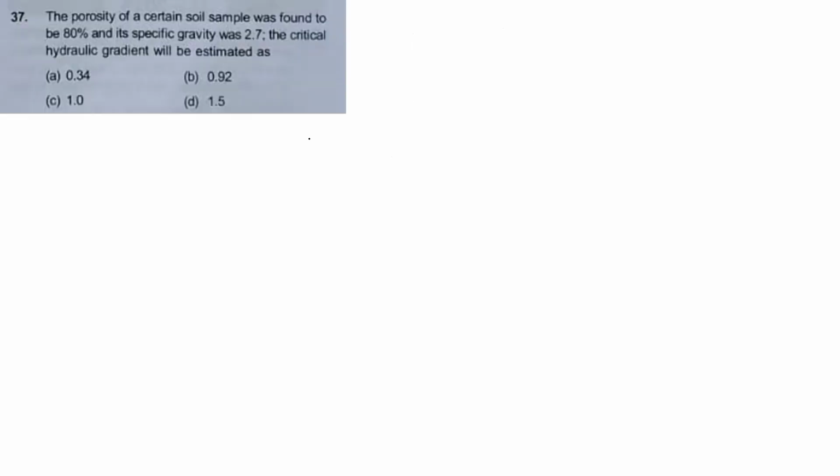Now question number 37. The porosity of a certain soil sample was found to be 80%. So porosity is 0.8, and its specific gravity is 2.7. Find the critical hydraulic gradient.